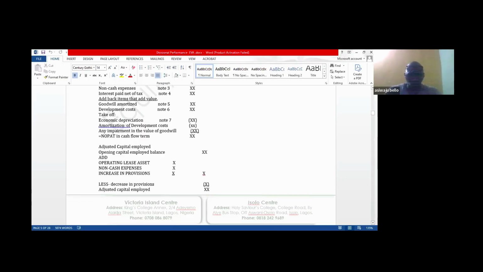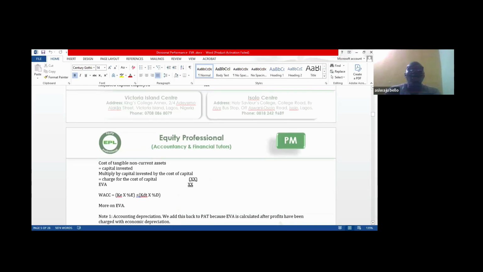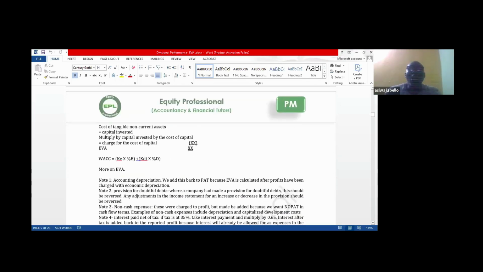Lastly, you have your cost of capital. Your cost of capital is represented by the weighted average cost of capital.